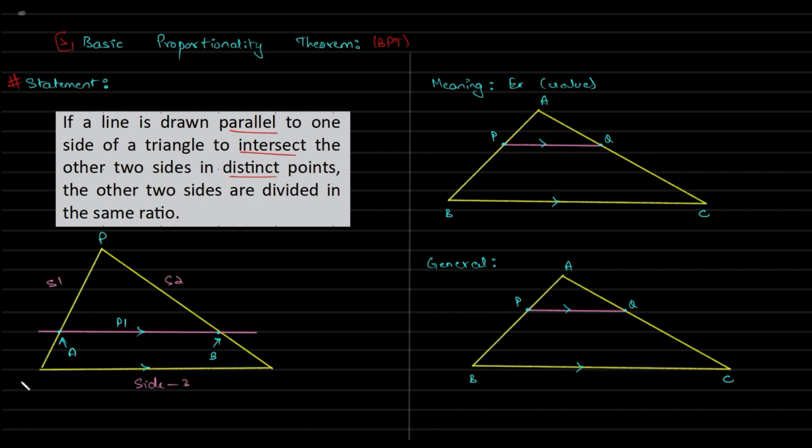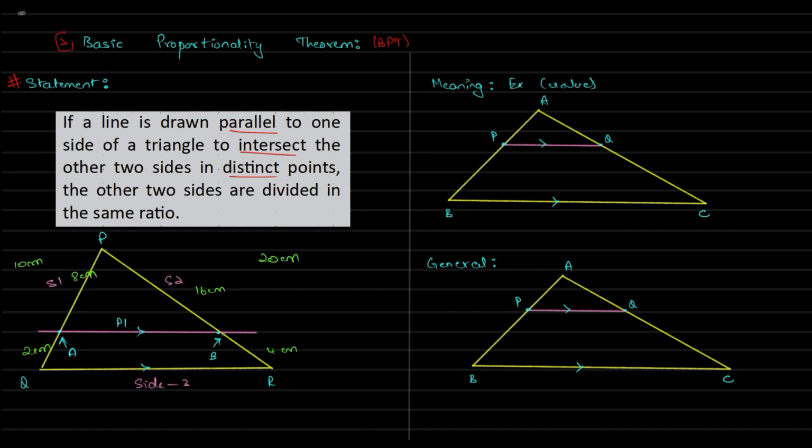The other two sides are divided in the same ratio. So if I call this triangle PQR, PA by AQ will be equal to PB by BR. Let's understand this with an example. Say the entire length of side 1 is 10 centimeter, PA is 8 centimeter and AQ is 2 centimeter. If the entire length of the other side is 20 centimeter, then PB should be 16 and BR should be 4 centimeter.